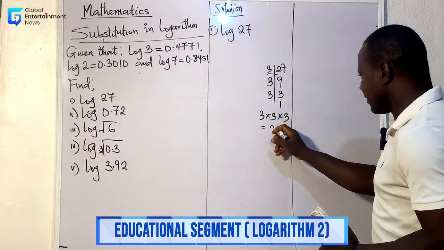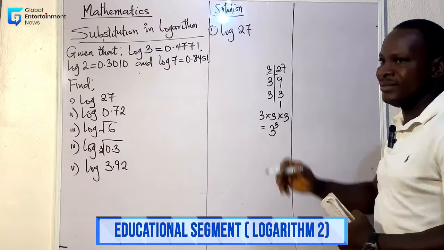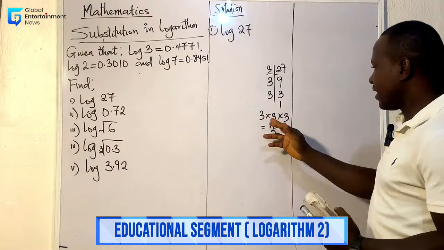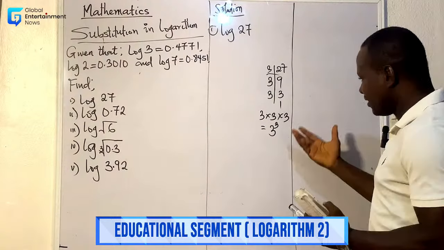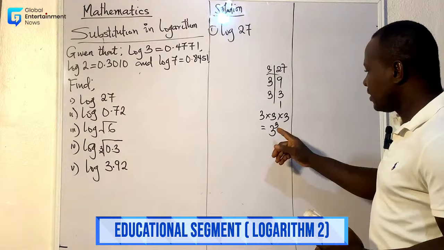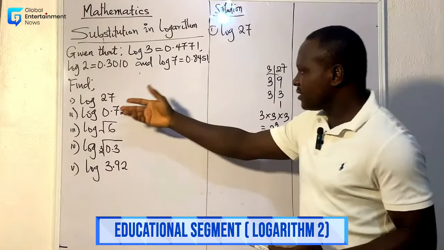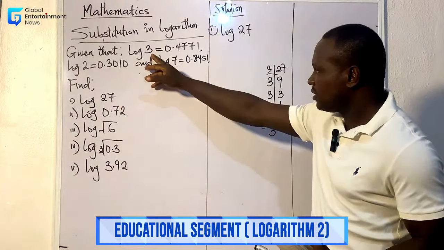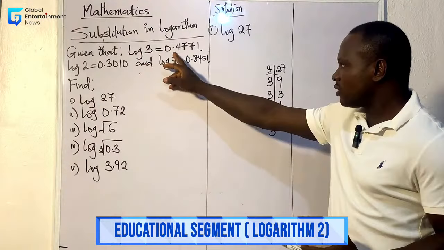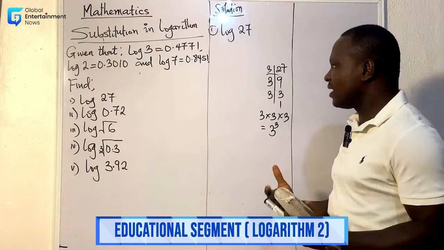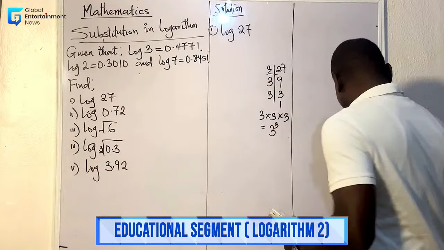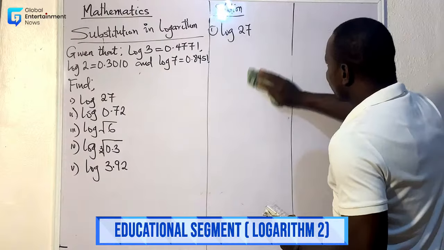That means 3 raised to power 3 will give us 27. So 3 times 3 is 9, 9 times 3 is 27, and that is what we are going to use. Looking at 3, we have a substituent of 3 here, which is log 3 is equal to 0.4771. I believe you are with me. Now, let's continue.